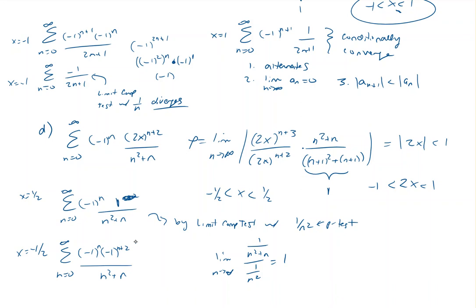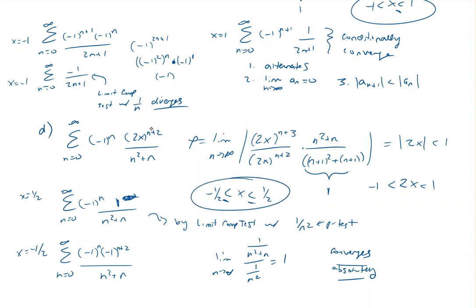You could say to yourself, well, what if this was negative 1? It doesn't make a difference. If this is converging absolutely, this will too. So this converges absolutely, and therefore they both converge. Both endpoints, they both work.